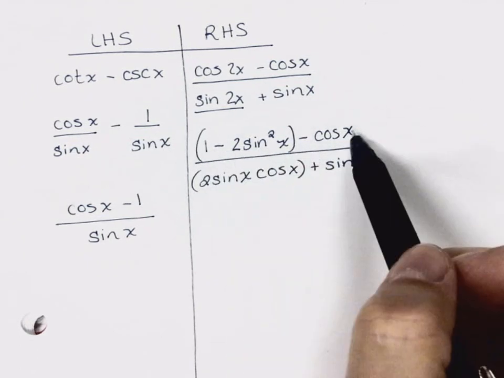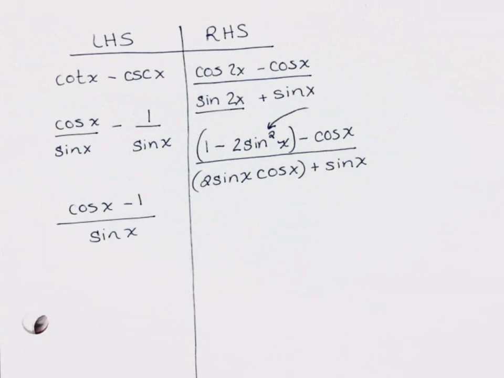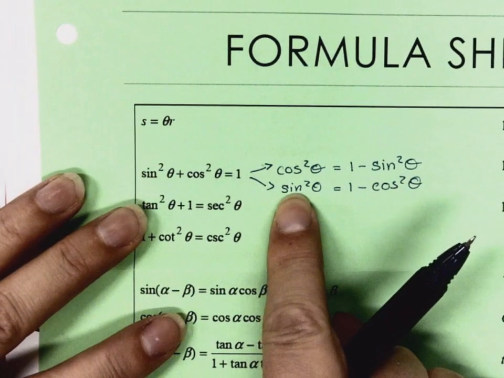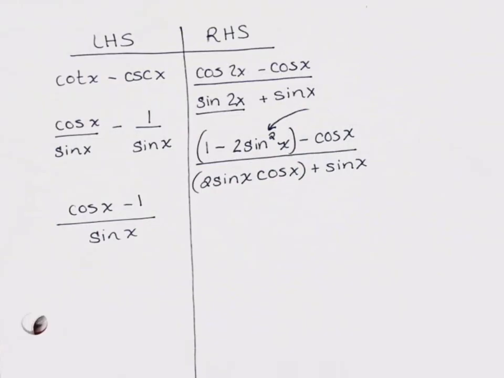On the top, I've got coses. I think I'm going to change this guy. What am I going to change him to? I'm going to use the Pythagorean identity here. I'm going to change that to that so I have all coses on the numerator.